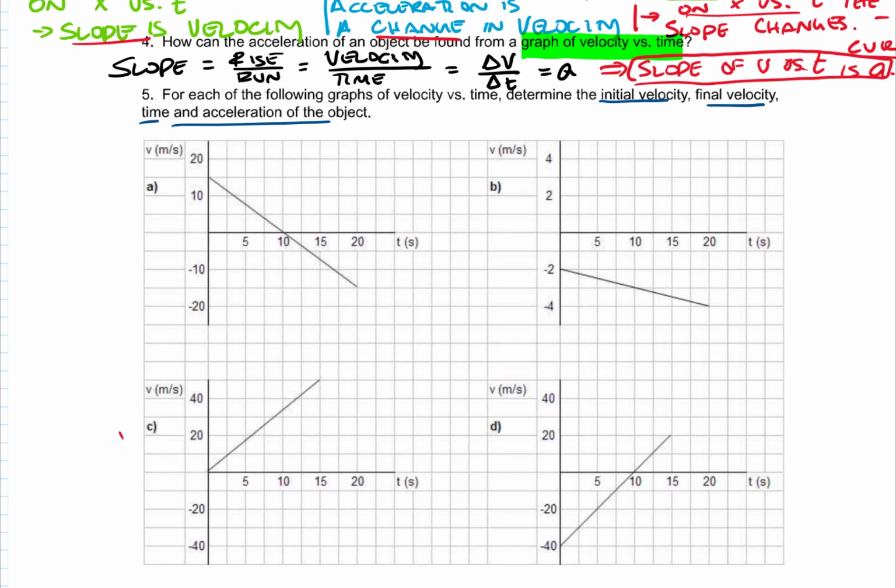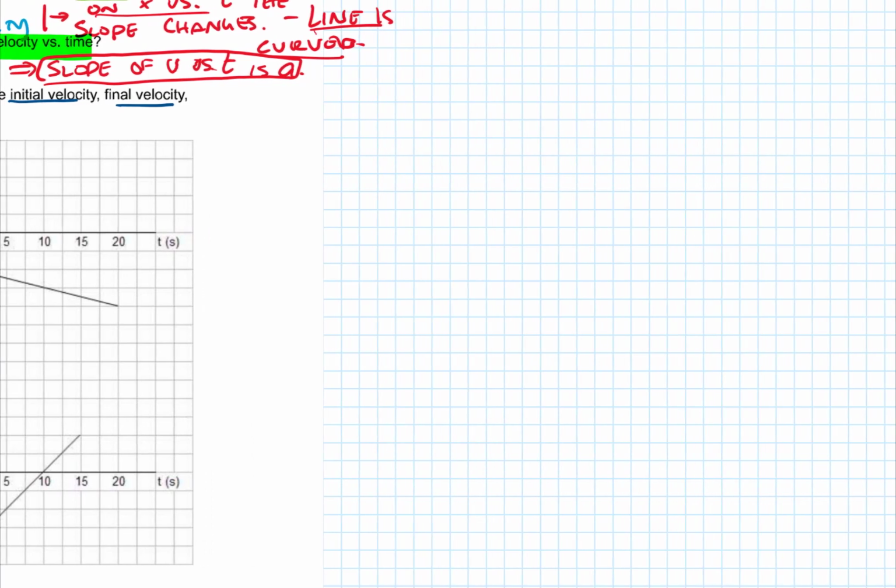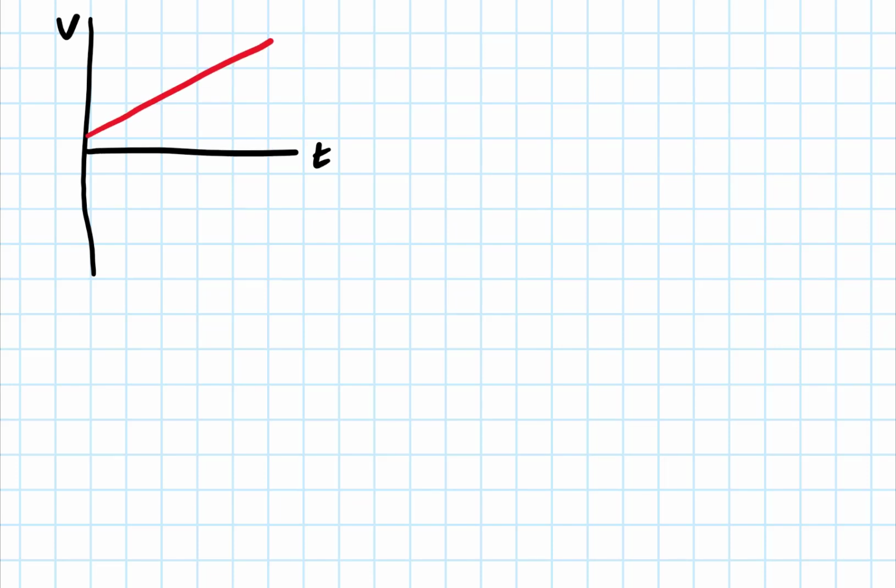So before we jump into that, there's something I want to talk about with these graphs just really quickly. So when we look at a velocity versus time graph, and a velocity versus time graph looks like this. First off, mathematically speaking, we have a math equation that we can describe any straight line with.